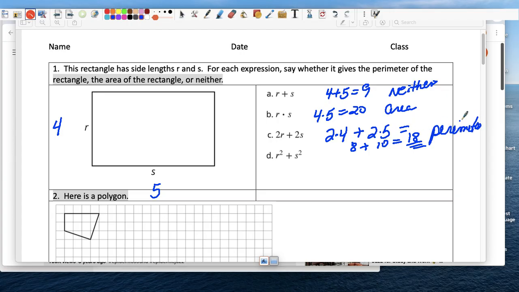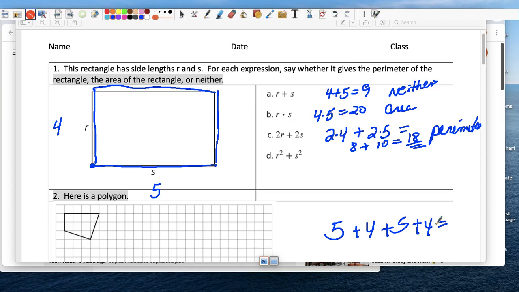Right, think about it. If this is a park around your house, and you take your dog for a walk, you would walk 5 units this way. So let me write 5. You walk 4 units up, so another 4 units. And you would walk 5 going left, another 5. And you would walk 4 down. That's the total distance you walked: 5 plus 4 plus 5 plus 4, which is 18.